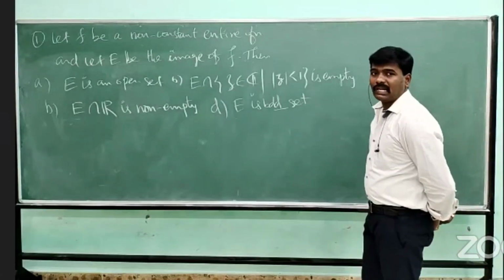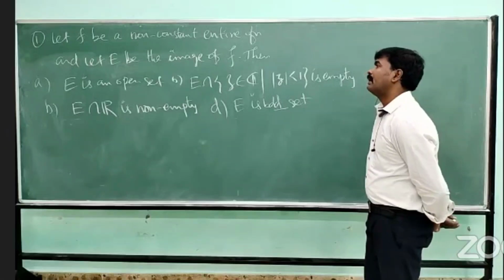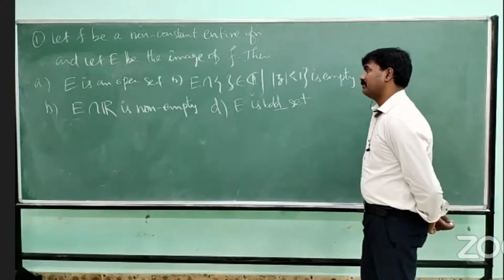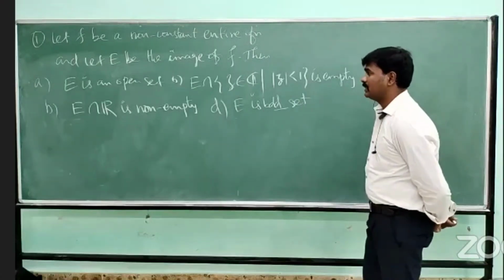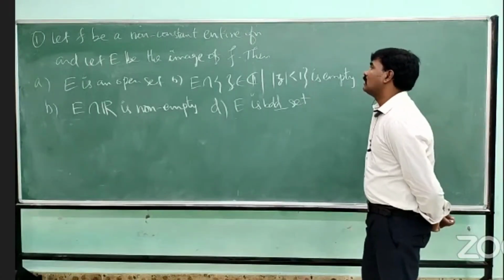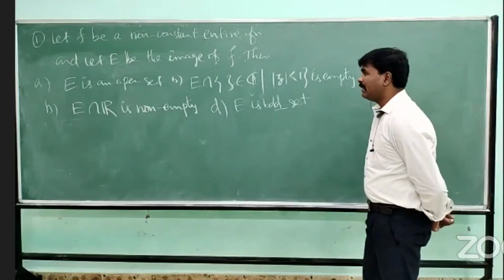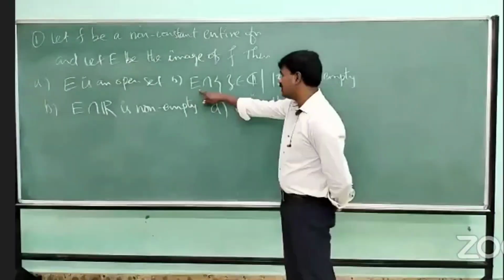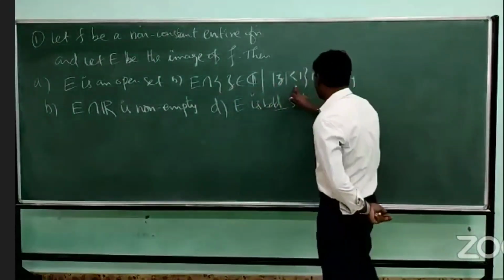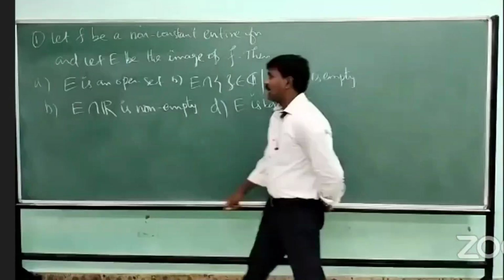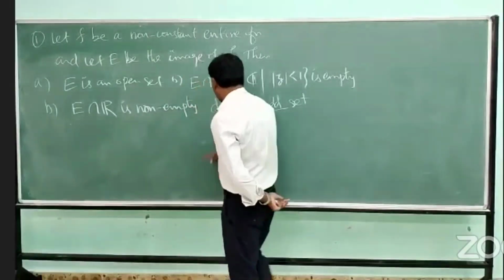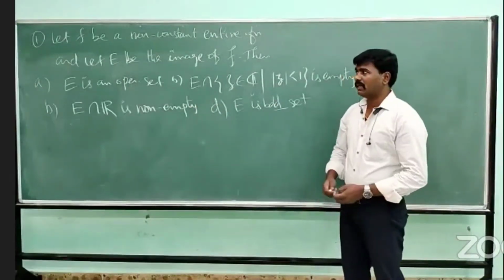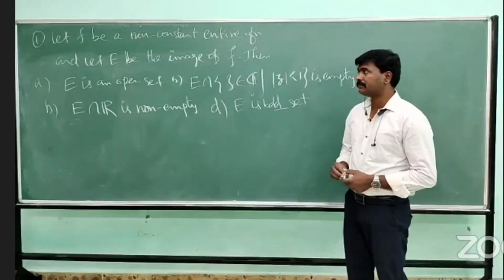Given f is a non-constant entire function. Let E be the image of f. You know the meaning of image of f. Then what is your conclusion about the image? The image is always open, the image intersection with the unit disc is empty, the image intersection R is non-empty, and it is a bounded set. What is your idea? Participants, please.